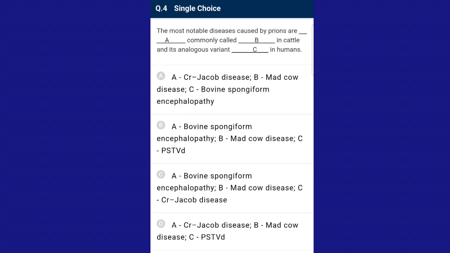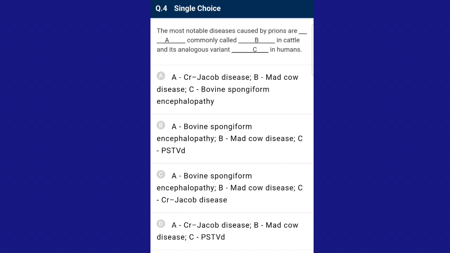Question number 4. The most notable disease caused by prions are commonly called dash in cattle and analogous variant dash in humans. Certain infectious neurological diseases were found to be transmitted by an agent consisting of abnormally folded proteins. The agent was similar in size to viruses.